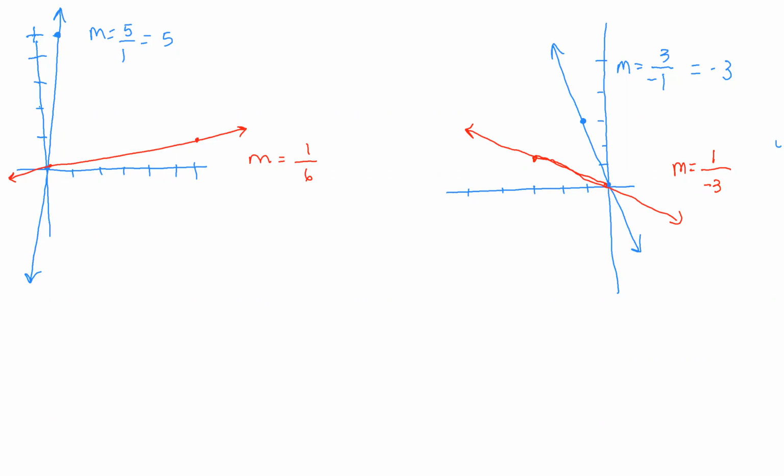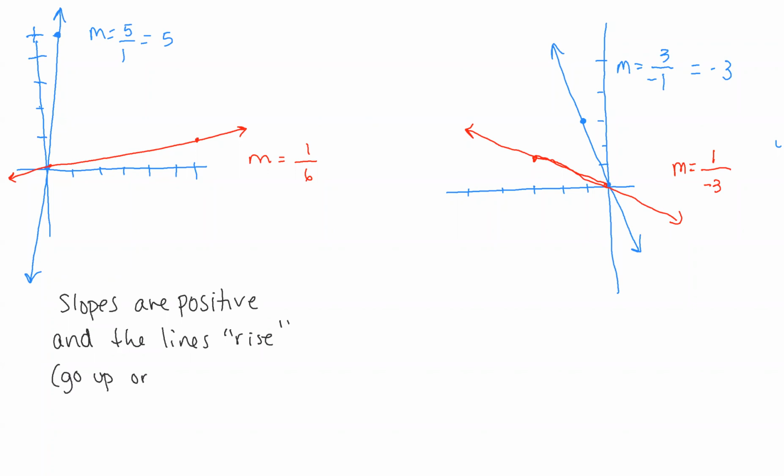What's different about the graph on the left compared to the graph on the right is the direction in which the lines are going. So on the left, the slopes are positive, and the lines rise, which just means they go up or increase from left to right.